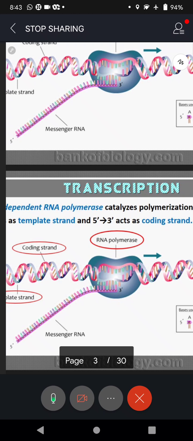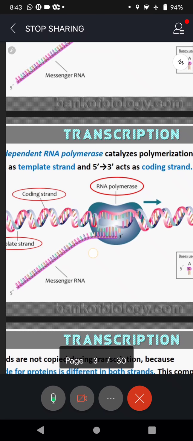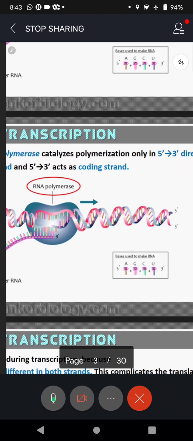So many nucleotides join together and form a polymer, an RNA polymer. To form that RNA polymer, there must be an enzyme called RNA polymerase. And what does it do? It catalyzes polymerization. And there should be direction. What is the direction? 5 prime to 3 prime direction.